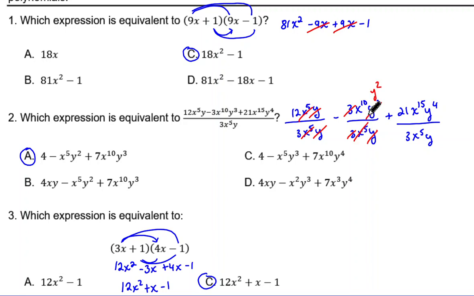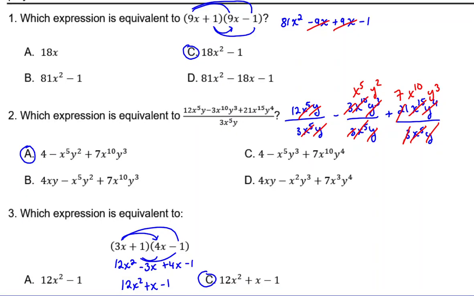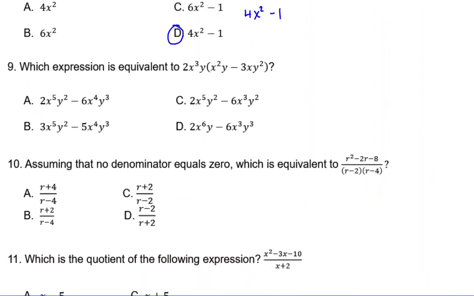And then take out x to the 5th, so I have x to the 5th remaining. Then take out x to the 5th, so that's x to the 10th. And then y cubed. So that's probably a better way to do that problem. All right, let me go back to the next page.